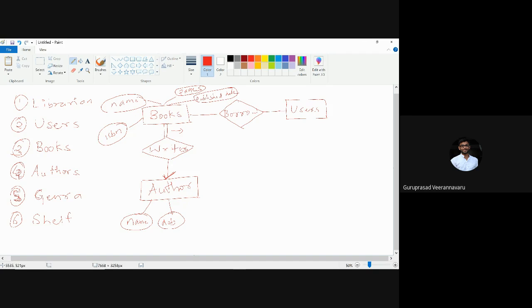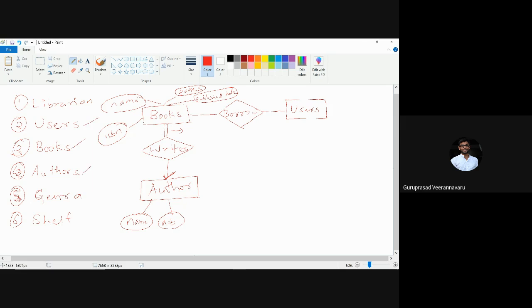And a user can borrow, or cannot borrow. It is not compulsory, right? Is this relationship correct? Yes, sir, correct. Okay, so users is done, books is done, authors is done.